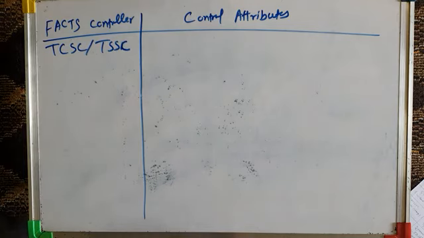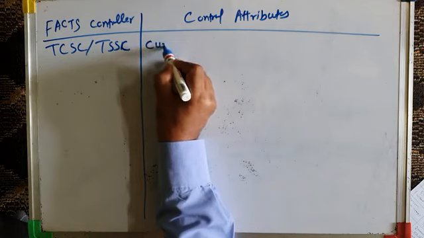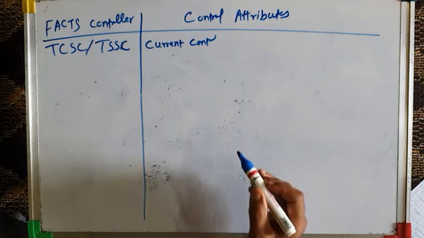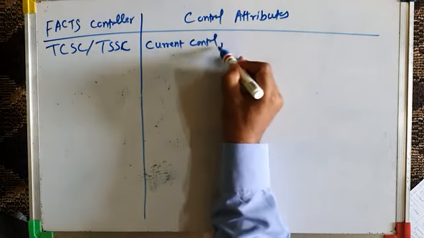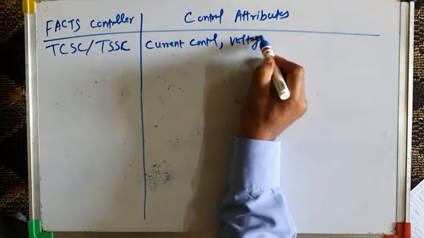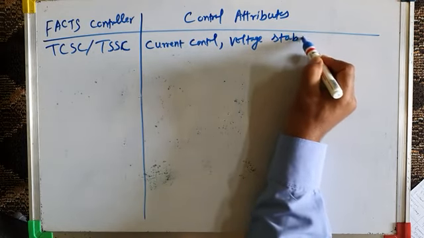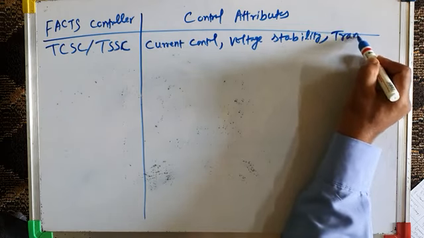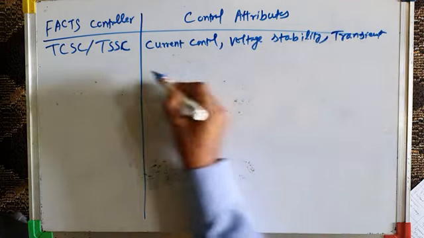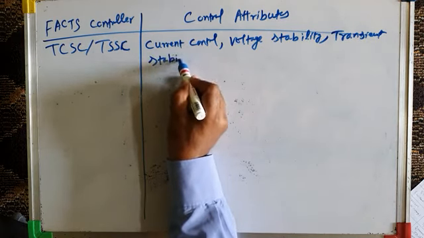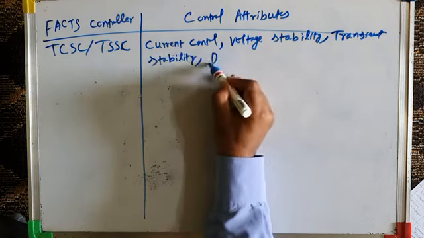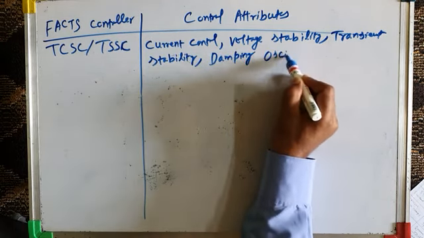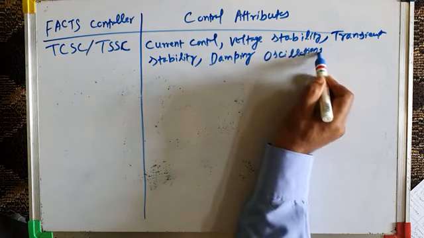Its control attributes are current control, it controls the current, then voltage stability, then dynamic and transient stability, I should write transient stability, damping oscillations, and fault current limiting.